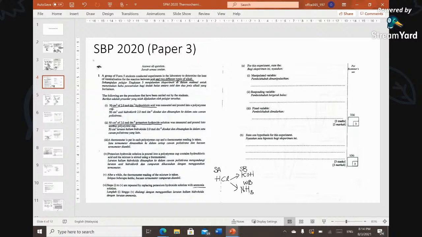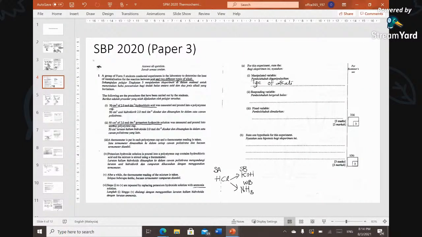For this experiment, take the manipulated variable. Very clear, the base that is being used is different. So you can write down type of alkali.